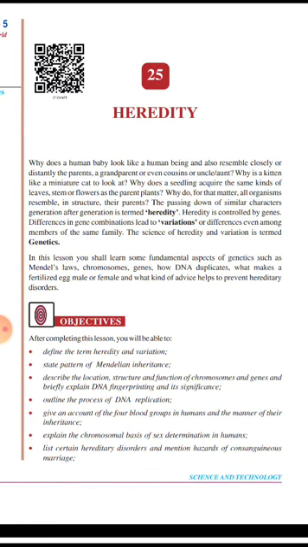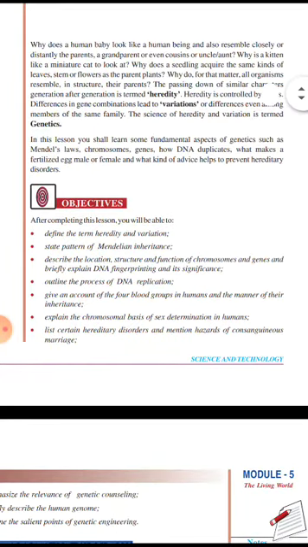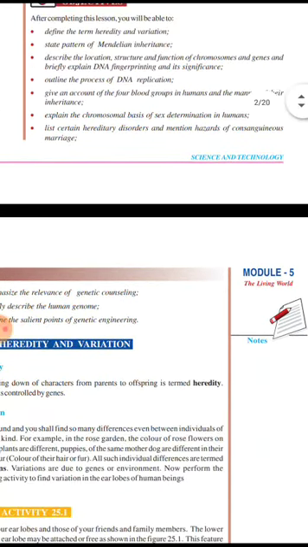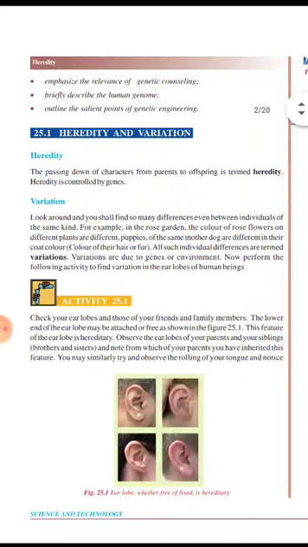When these genes are combined, the child will have a gene combination with variation, that is, difference. The science of heredity and variation is termed genetics. We will see heredity and genetics, Mendelian inheritance, DNA replication, and chromosomes in this lesson.